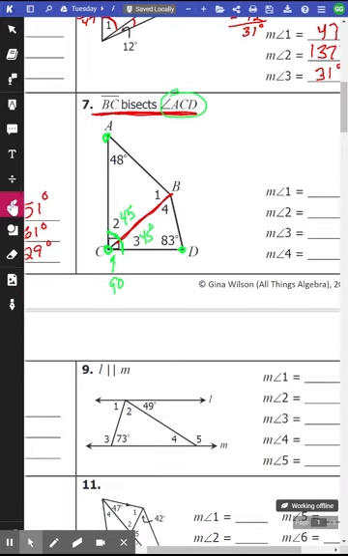Okay. Angle 1, well, we know the triangle is 180, so if I'm going to figure it out, I'm going to subtract 48, and I'm going to subtract 45, so angle 1 ends up being 87 degrees.